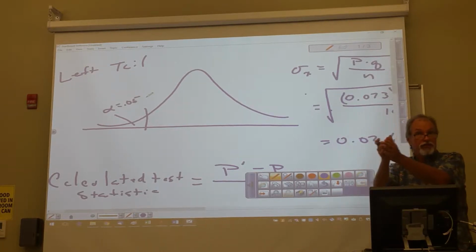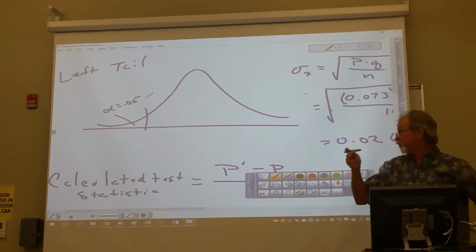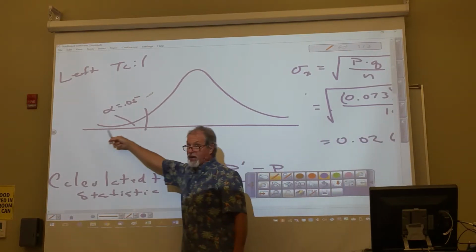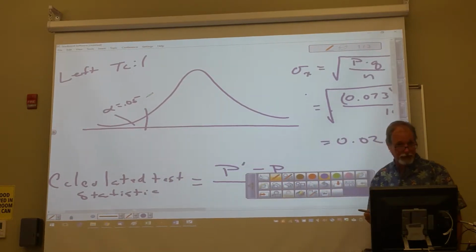So I want to know the value on the Z table where 5% is to the left and 95% is to the right.